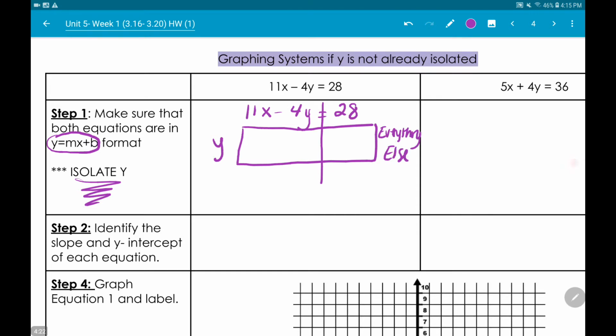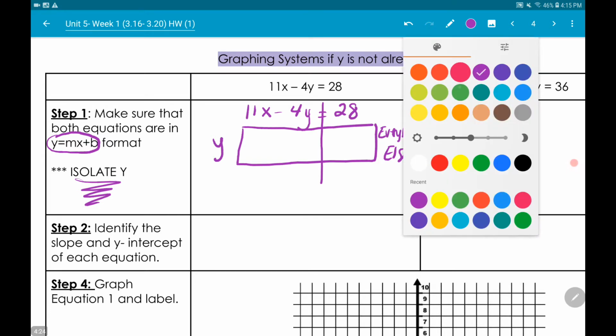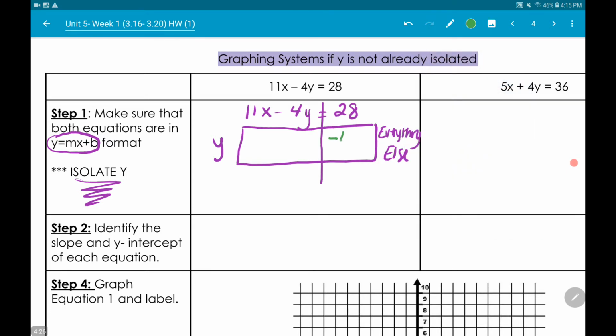Okay. So starting with the 11x, it comes here as negative 11x. Then I have negative 4y. And then 28 joins the 11x because that's everything else, and this is positive. And everything comes straight down. Negative 4y equals negative 11x plus 28.